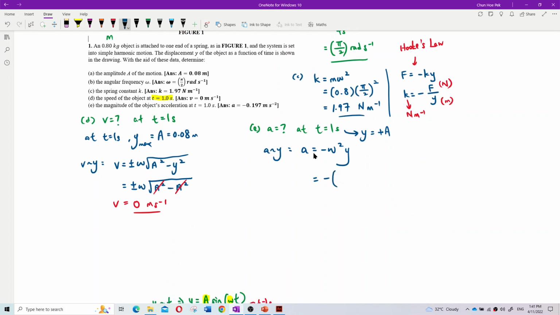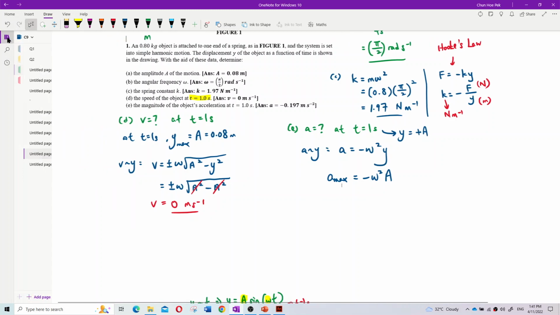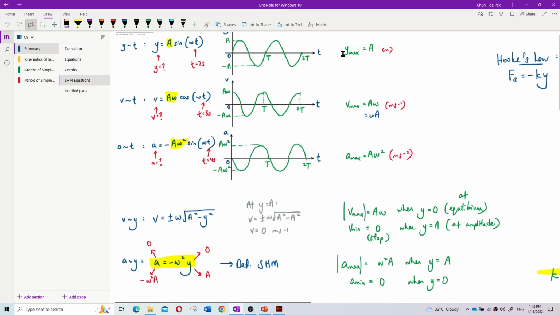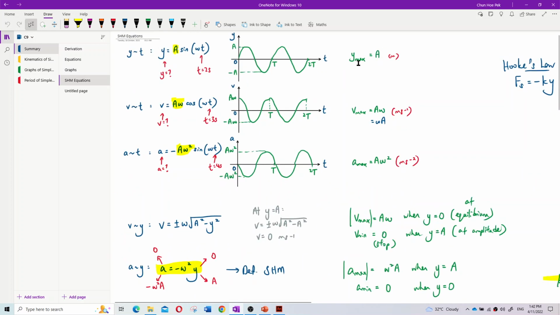Omega square. If you look here, this is negative omega square a. It is actually a maximum, but in the opposite direction, because a omega square is the maximum, as I taught you before. Y maximum is the maximum displacement, which is the amplitude.